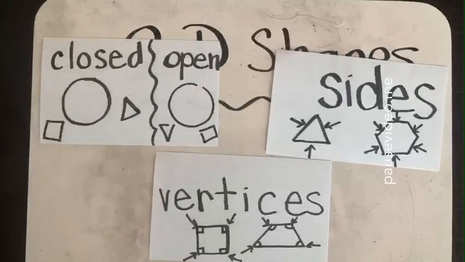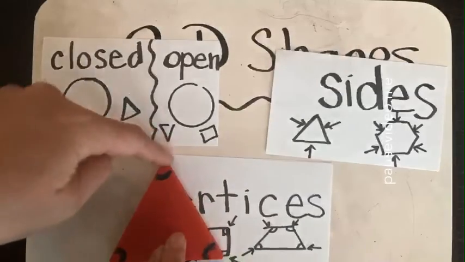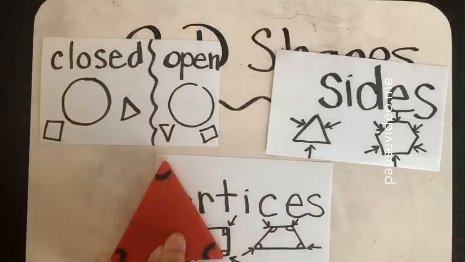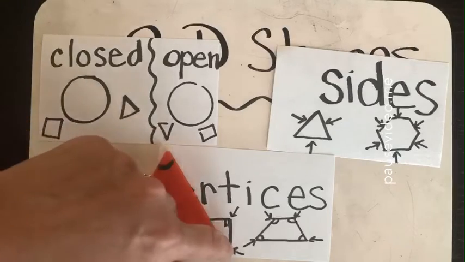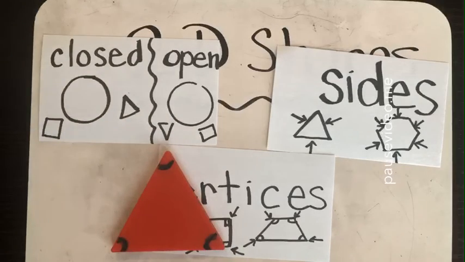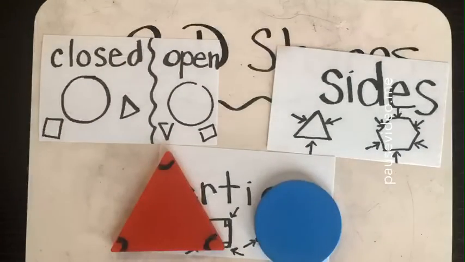So going back to our triangle, the vertices are the corners. That's this part right here. So I'm going to touch and see how many corners or vertices I have in my triangle. 1, 2, 3. How many corners do I have on my circle?